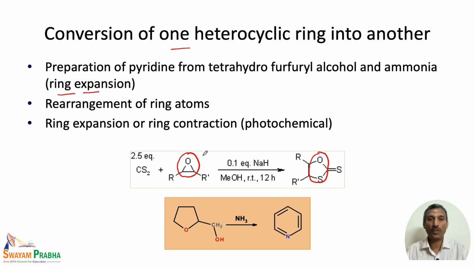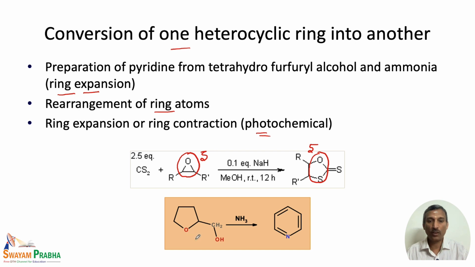As we see here, this is a 3-membered starting material which is converted to a 5-membered ring compound. So, this reaction occurs through ring expansion, and in some cases rearrangement of ring atoms is also possible, and we can also have ring expansion or ring contraction which can be carried out photochemically. So, these are all the various ways by which one heterocyclic ring is converted to another.